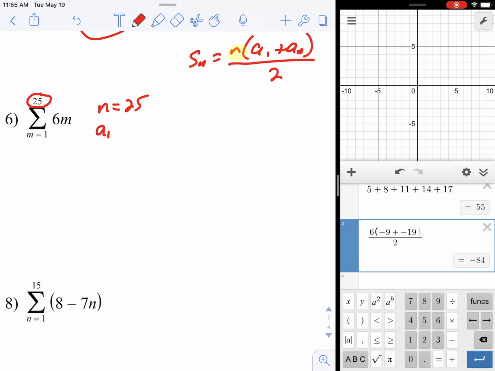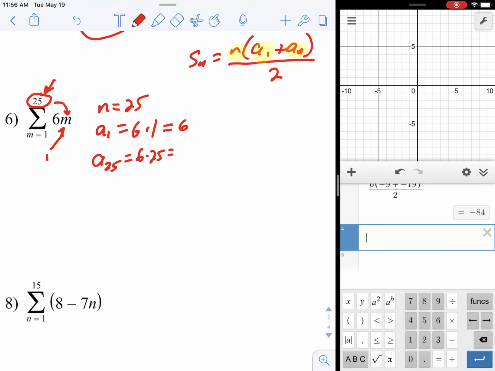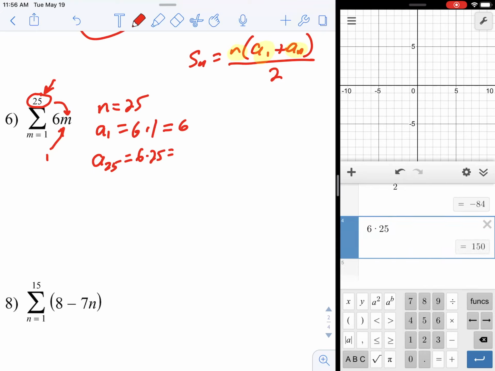What is A1? Again, A1 stands for the first term. You get the first term by plugging in a 1 right there. 6 times 1 is 6. Next, what's An? An, in this problem, is A25. That's what you get when you plug this last number in. So 6 times 25, I wrote that down wrong, 6 times 25, I think it's 150.